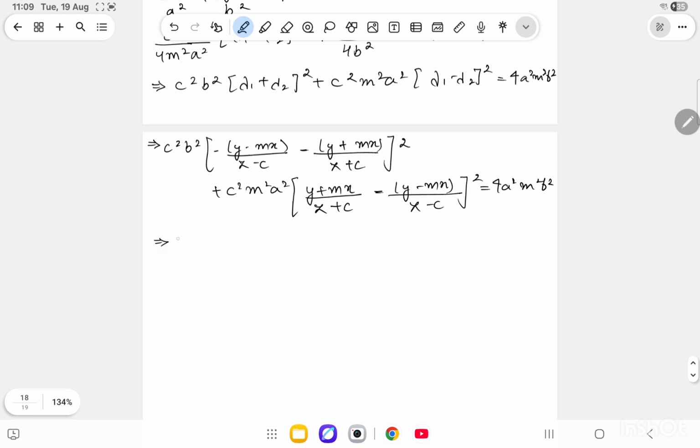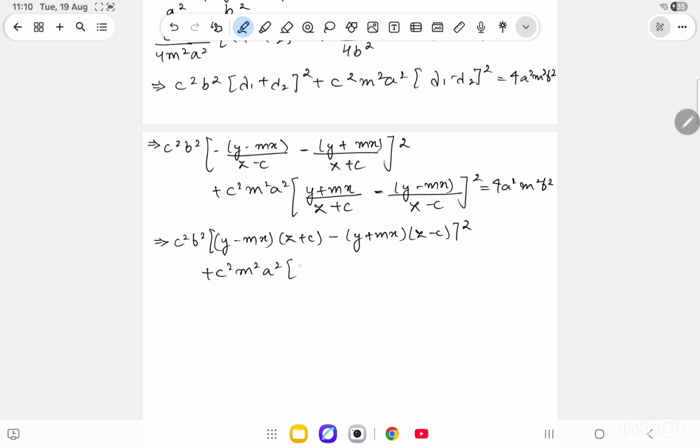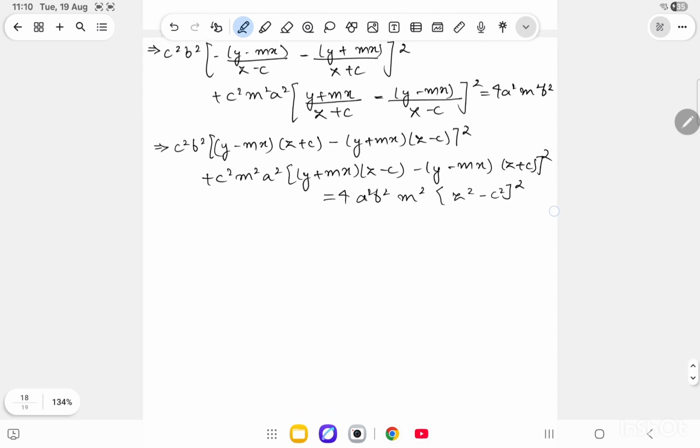Now if I simplify it further, I'll get c square b square times y minus mx, z plus c, minus y plus mx, z minus c, whole square, plus c square m square a square times y plus mx, z minus c, minus y minus mx, z plus c, whole square, equals 4a square b square m square, and that denominator is z square minus c square whole square.